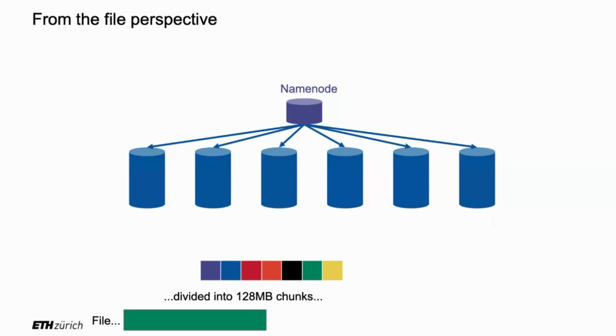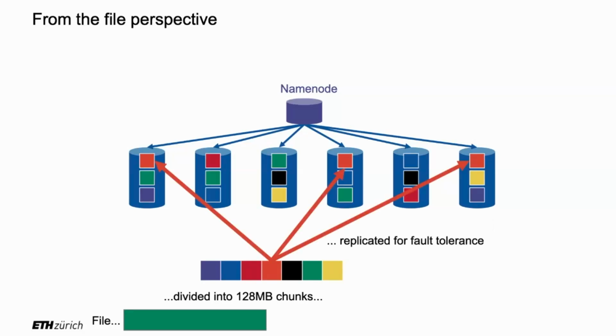And then I'm going to do one more thing that I haven't told you about yet. Is that I'm going to replicate these blocks multiple times. The default is 3. 3 is a pretty good number, right? If one fails or gets corrupt, you still have a majority vote on the other 2 that look alike, right? So that's also how, if you want to create a company and you do it with 3, if there's an argument between 2 people, then the third one can help, right?